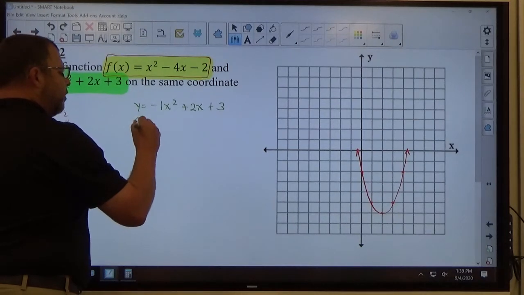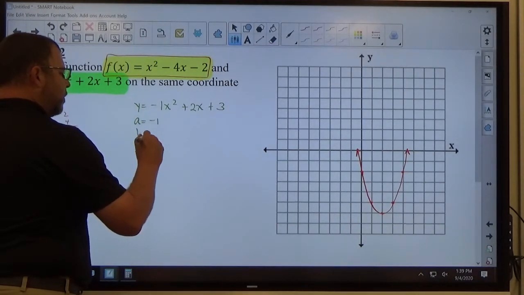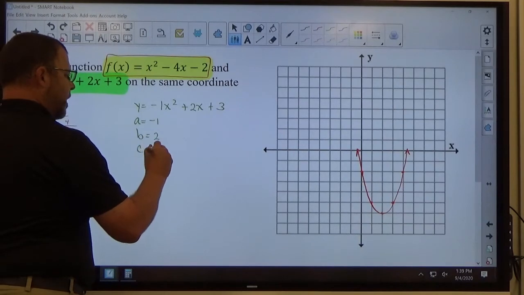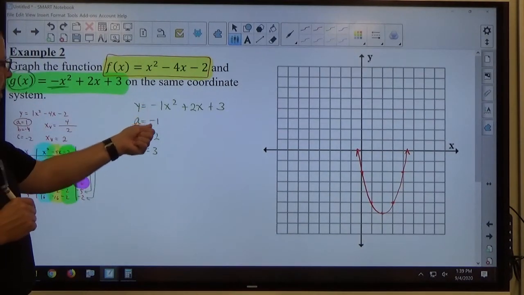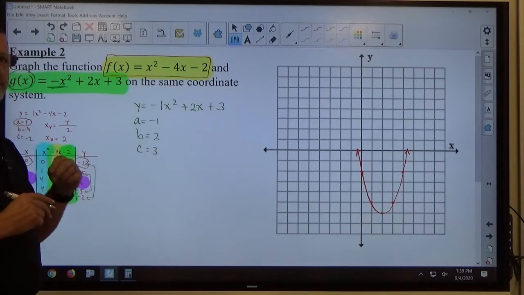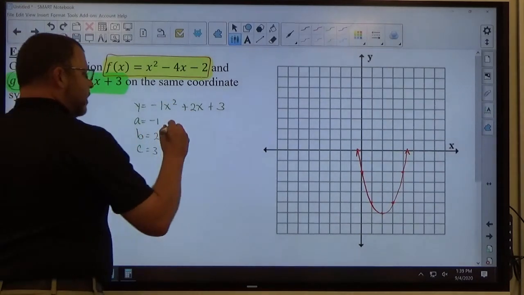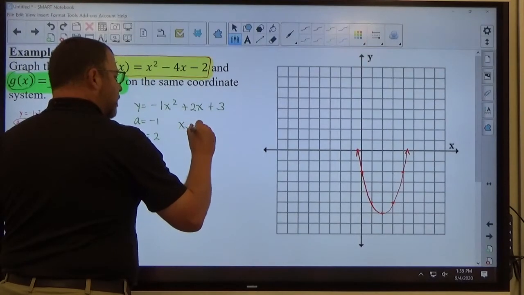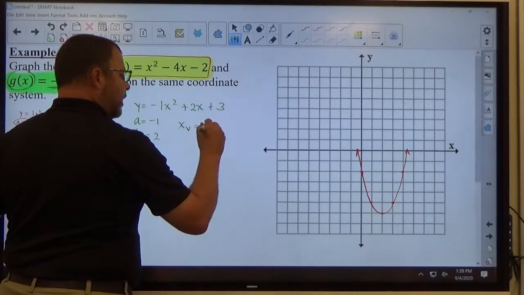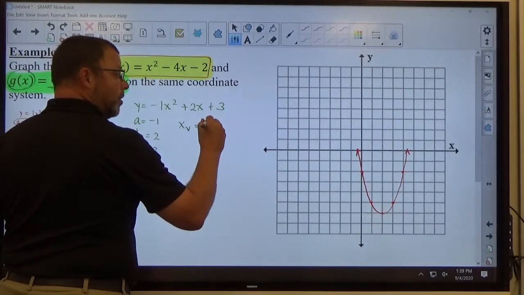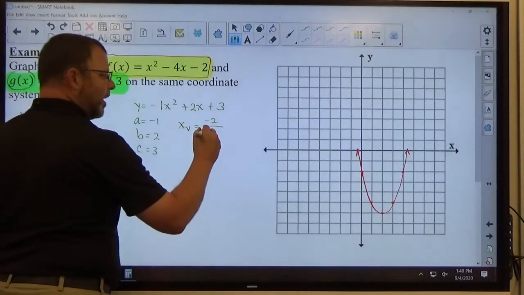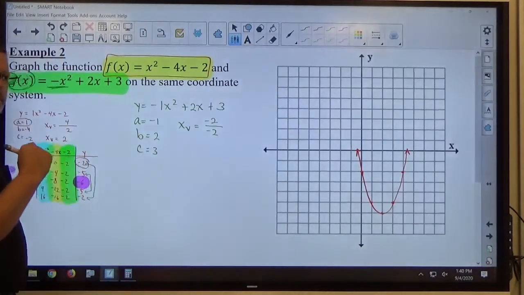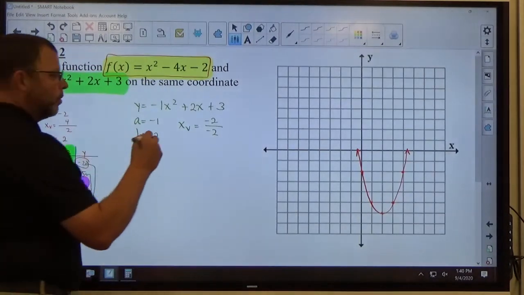A is equal to negative 1, b is equal to positive 2, c is equal to positive 3. Again, the numbers I'm looking at with signs included. A is negative, b is positive, c is positive. The x-coordinate of my vertex for function g is going to be the opposite of positive 2, which is negative 2, over 2 times negative 1, which is negative 2. Negative 2 over negative 2 equals positive 1.